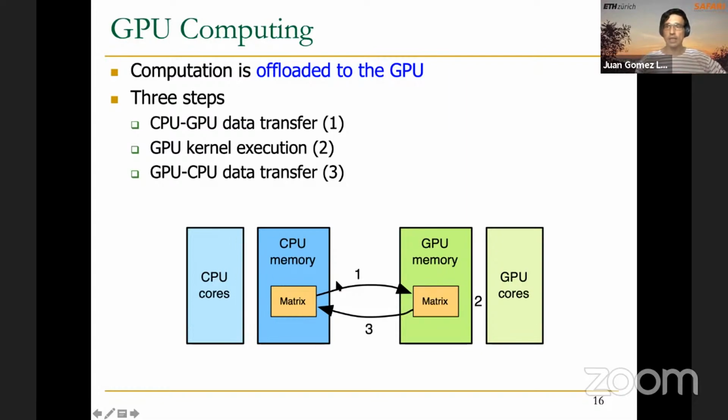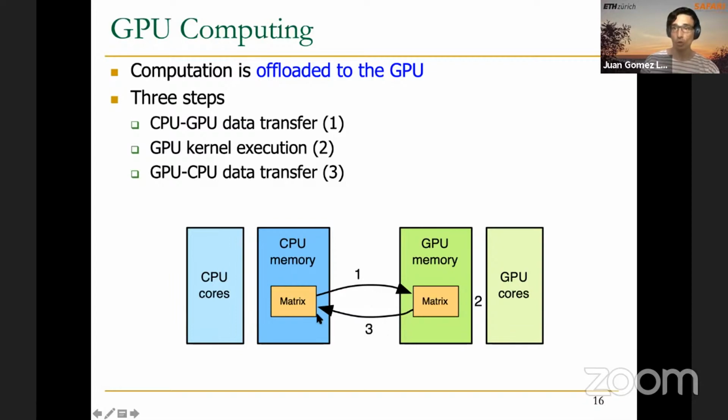Then the other 2 steps that I mentioned in the beginning of this slide are memory allocation and memory deallocation. Observe that we have 2 memory spaces: the CPU memory, that is the host memory, which we typically call main memory, and the GPU memory, which we normally call global memory. So there is some data movement between main memory and the global memory of the GPU.